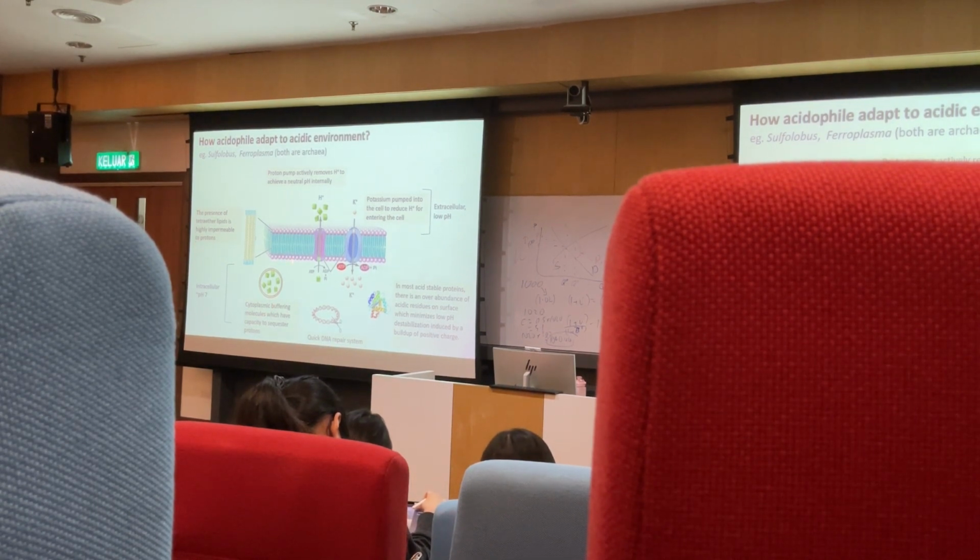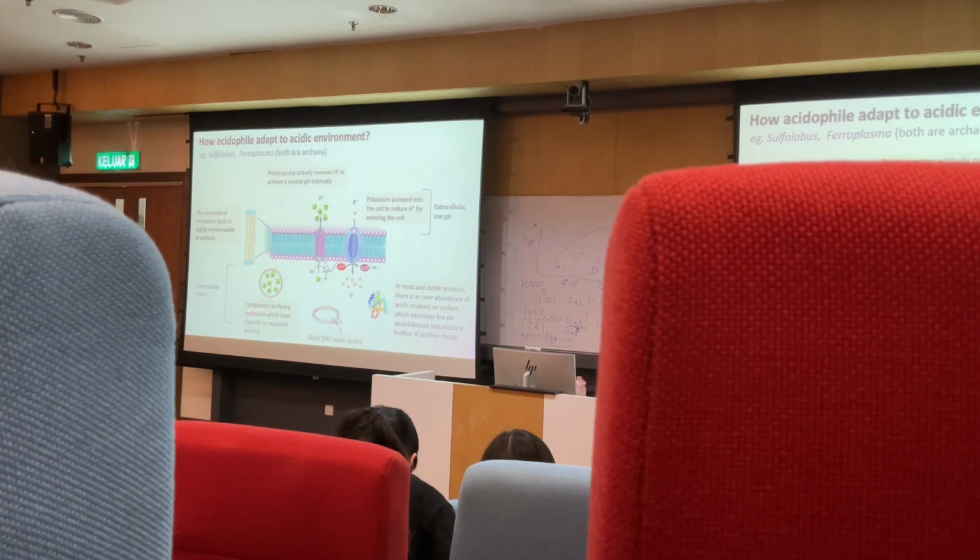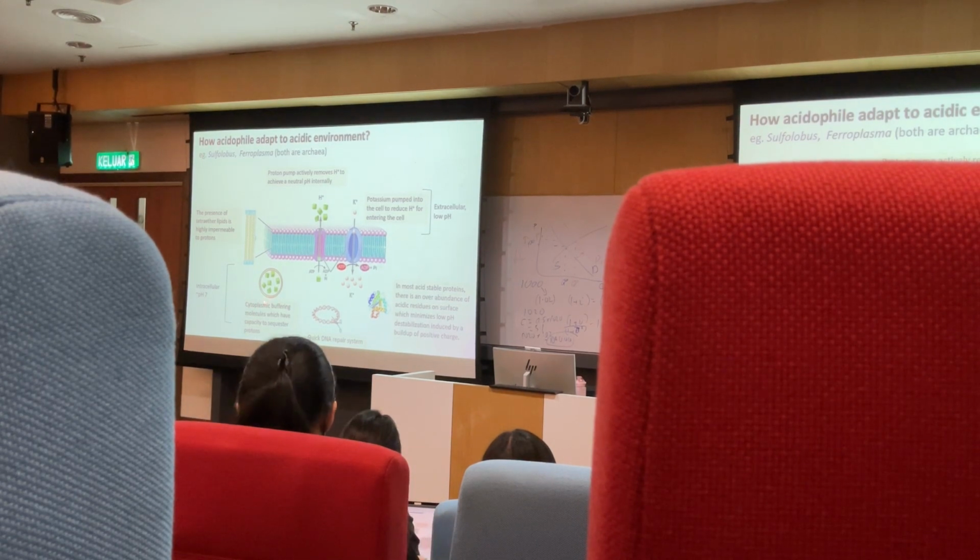As soon as hydrogen ions come into the cytoplasm, they are taken and converted into something neutral, so they do not accumulate a lot of hydrogen ions in the cytoplasm.